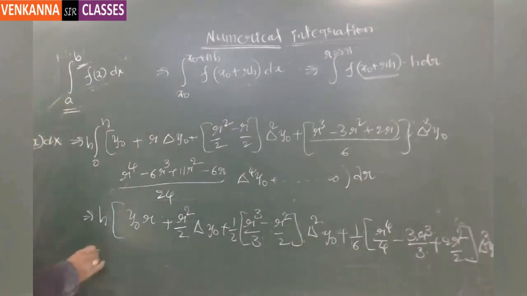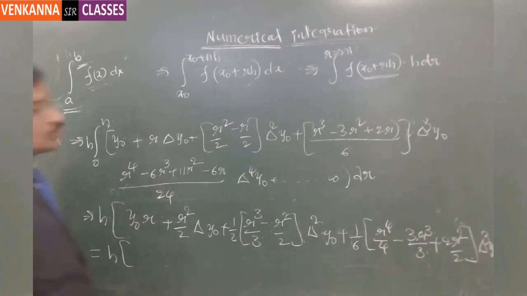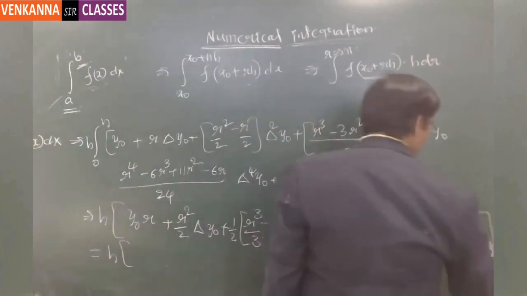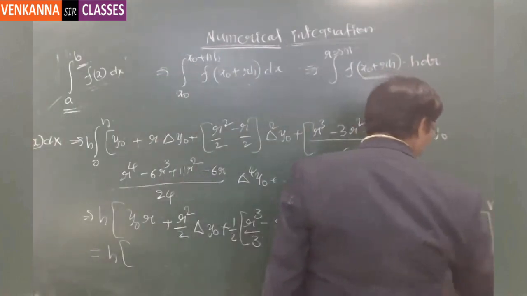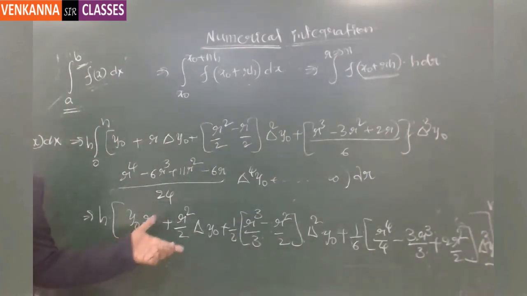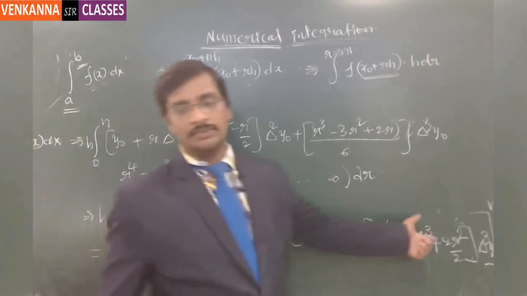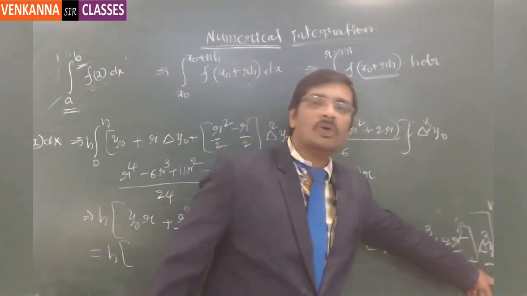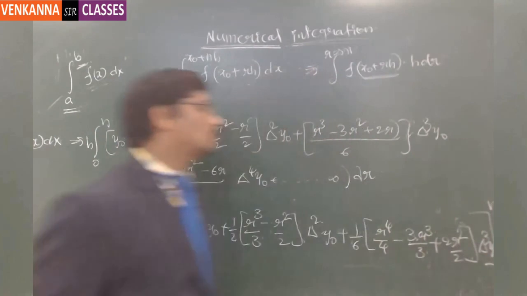And here this is h times of, if you substitute the upper limit n and the lower limit 0. The lower limit is anyway 0, because r is a factor for the entire term. So you can substitute n in place of r.